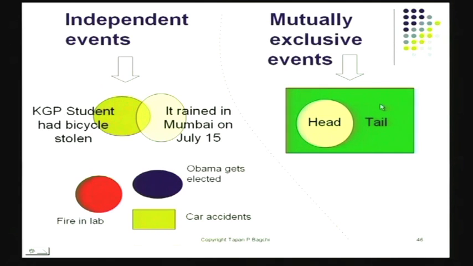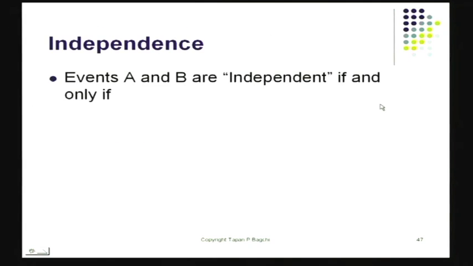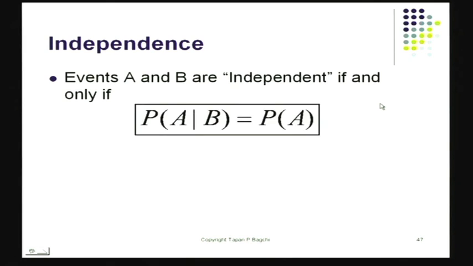We have to remember this when we are combining events, combining probabilities. So events A and B are independent if and only if I do this conditional probability and I find it is unchanged from the probability of A. So whether B had occurred or B had not occurred, it would not really matter for the probability of occurrence of A. If this is the situation, I say A and B are independent.